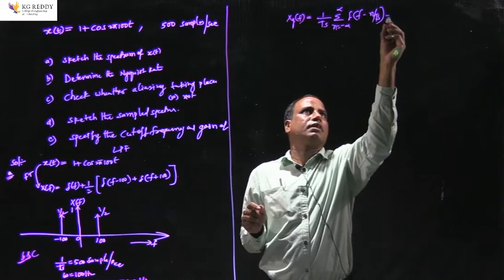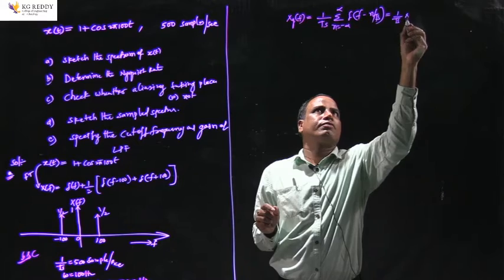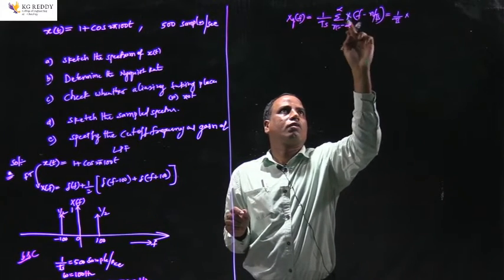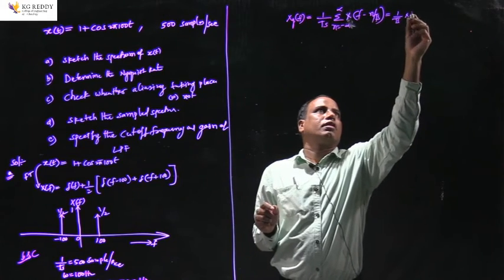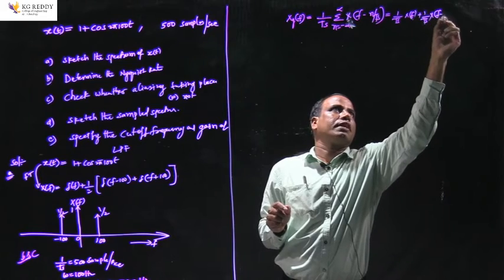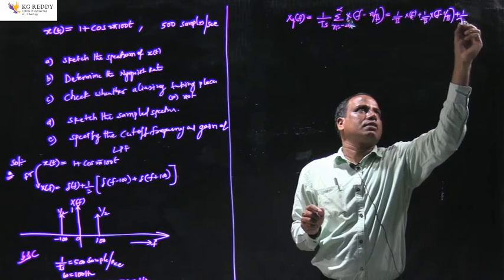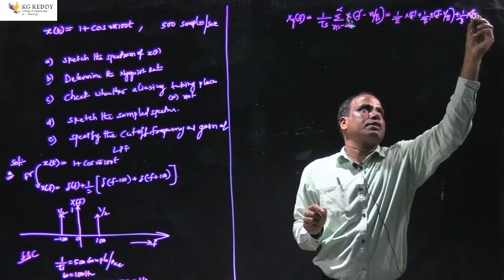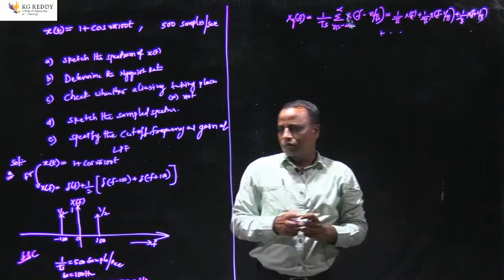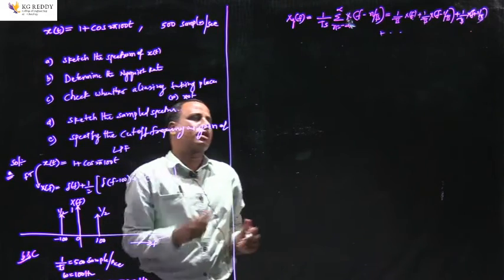This can be elaborated as 1 by Ts into x of f plus 1 by Ts x of f minus 1 by Ts plus 1 by Ts x of f plus 1 by Ts, and it continues. Now x of f we have already drawn here, and based on this x of f we are going to draw the sampled spectrum.